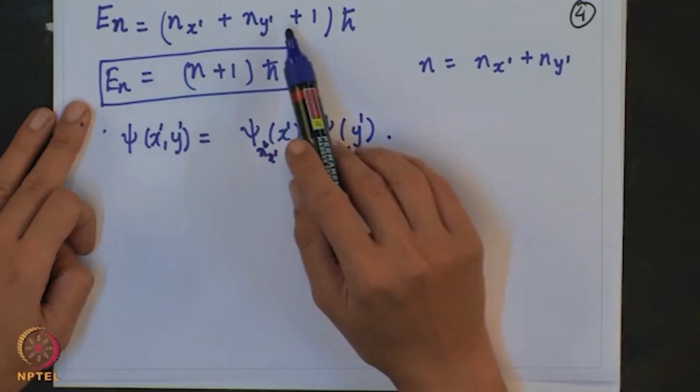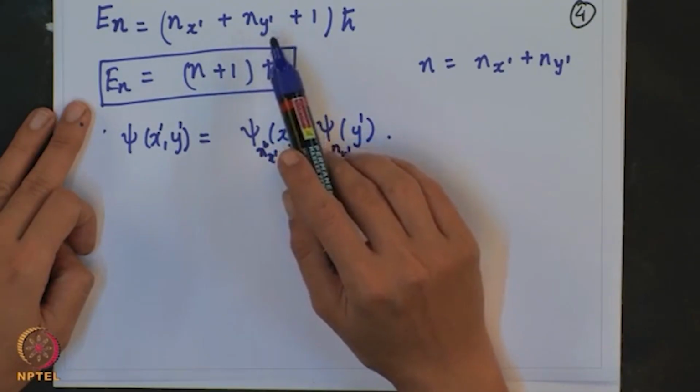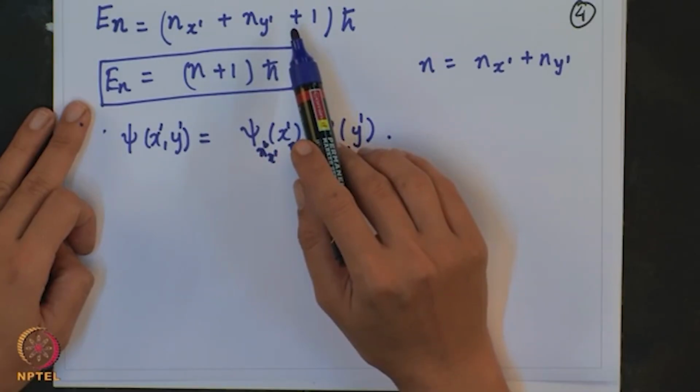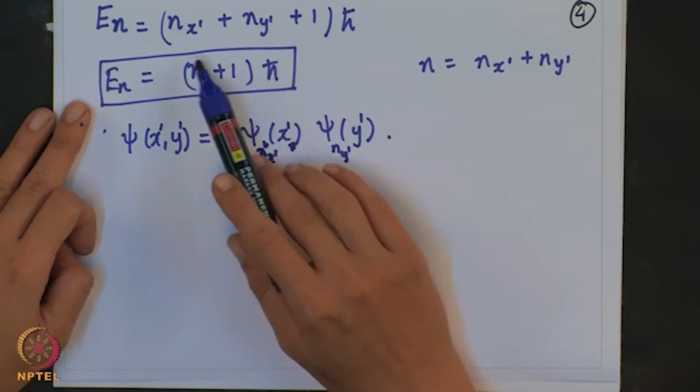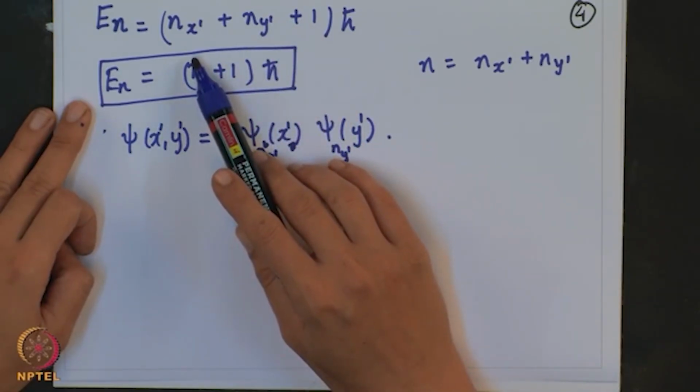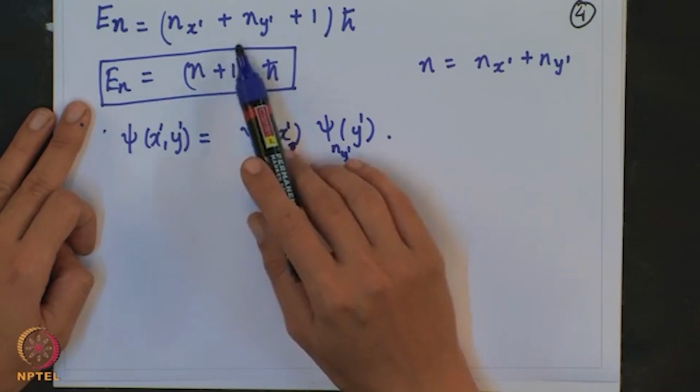Depending upon the values of n_x' and n_y', you will be able to determine whether you have a degenerate state or not. So, when you explicitly write the expression for the value of n depending upon the states, that can be determined.